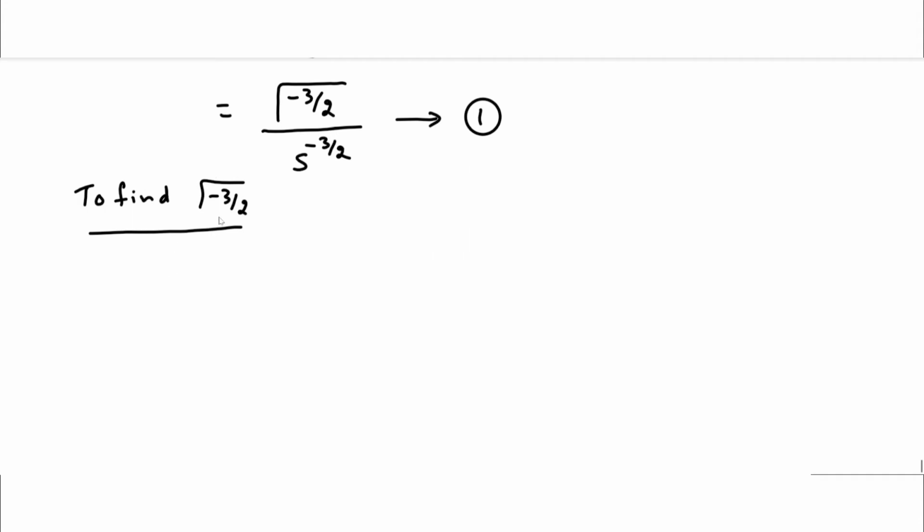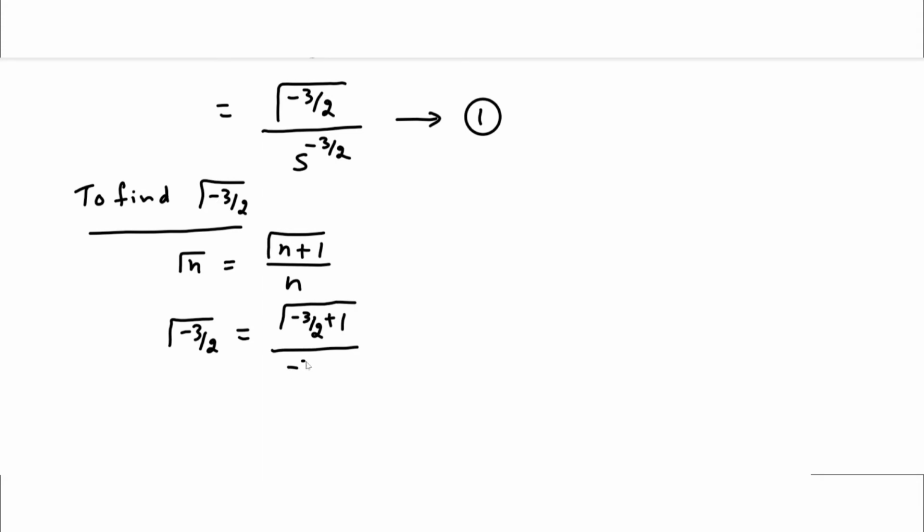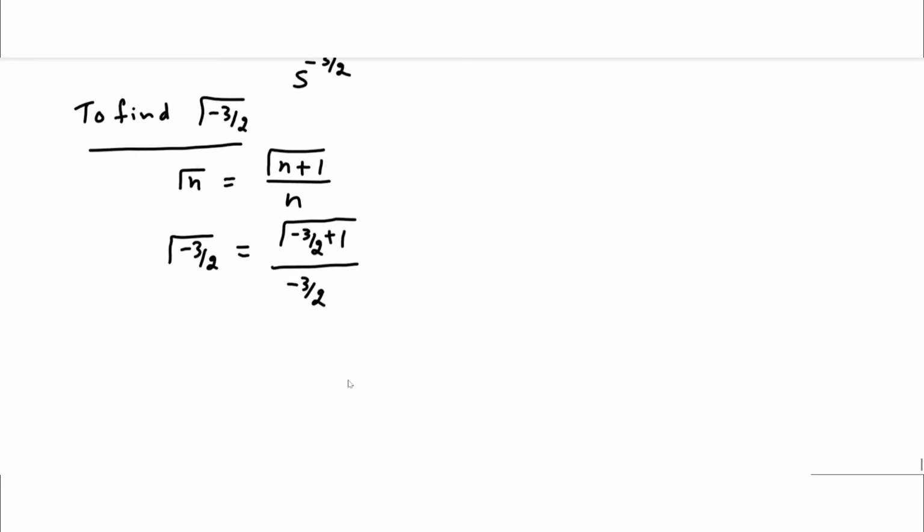However, for this problem I will be showing you, when you have a negative under the gamma function, the formula that you have to use is gamma of n equal to gamma of n plus 1 divided by n. So if you take the value of n to be minus 3 by 2, it is gamma of minus 3 by 2 equal to gamma of minus 3 by 2 plus 1 divided by minus 3 by 2.